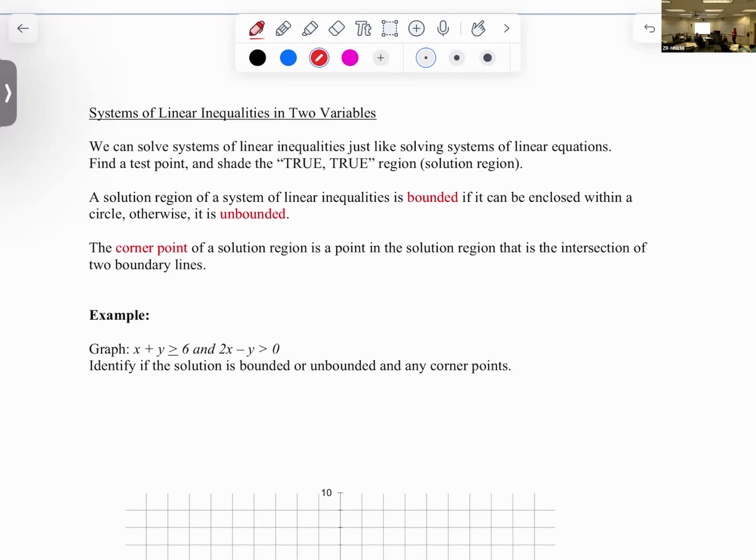Bounded means enclosed. What is the minimum number of lines you need to make a shape? 3. What shape is that? A triangle. And as long as you have more than that, you can make additional shapes. But you identify the solution region, and if it goes forever, then it's unbounded. If it is enclosed, then it is bounded.